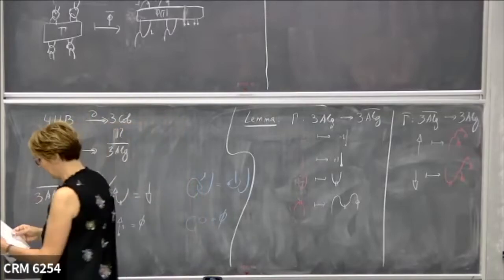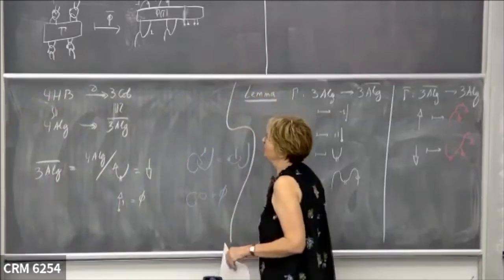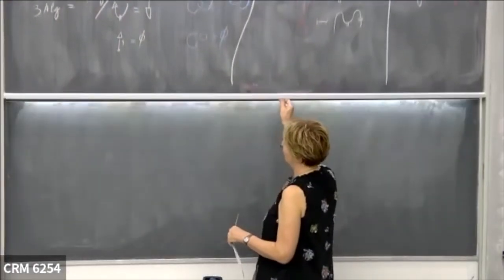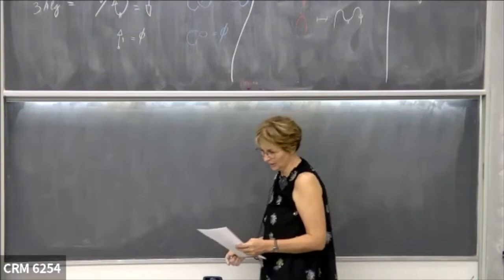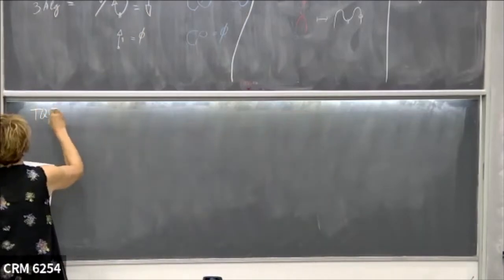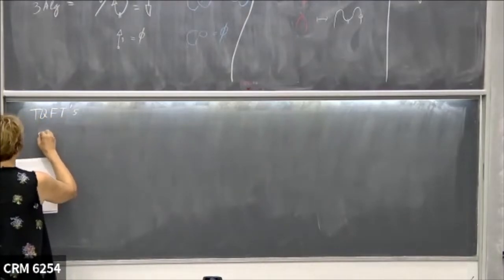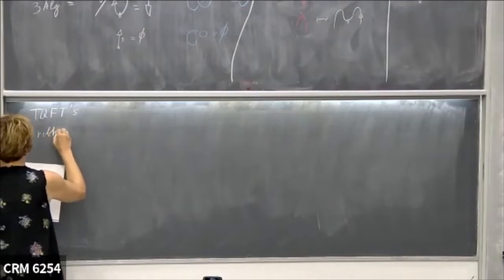And as I perhaps already told you, every unimodular ribbon Hopf algebra provides examples. So what about TQFTs? Yeah. So let us assume that we have a ribbon Hopf algebra.